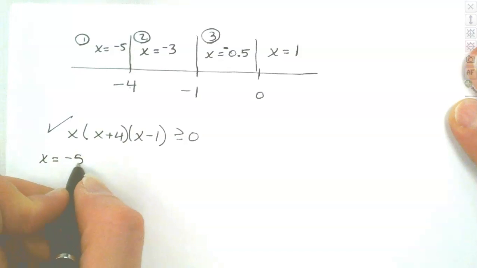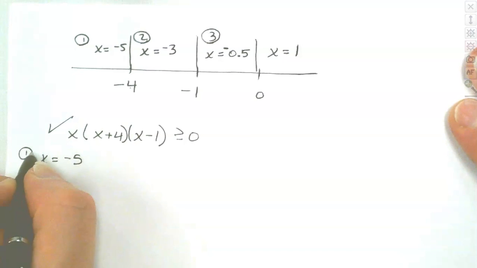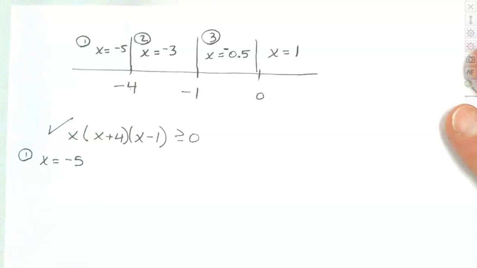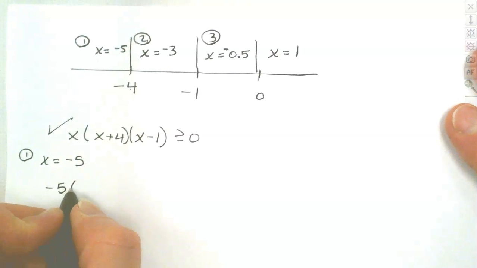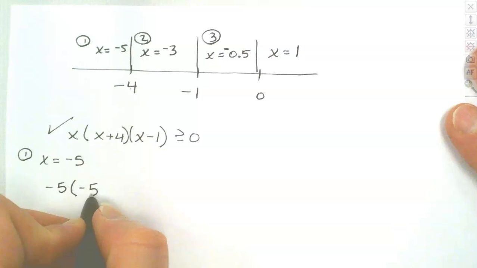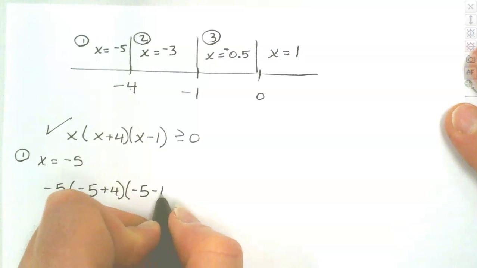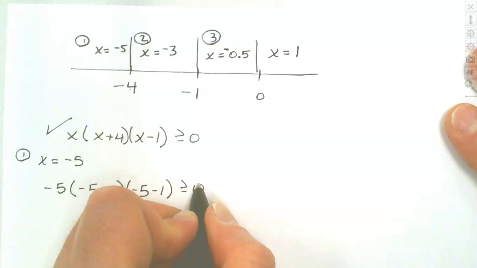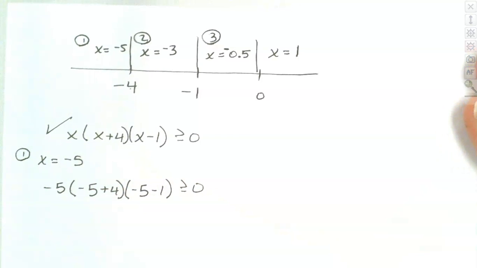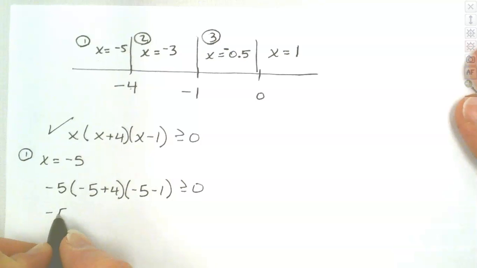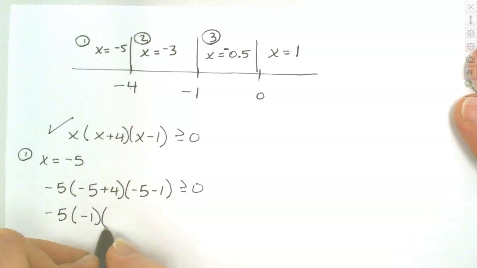We're going to start with a negative 5. And this is region 1 here. We've got negative 5 times negative 5 plus 4 times negative 5 minus 1. That gives you a minus 5. We've got minus 5 plus 4. That's a minus 1.